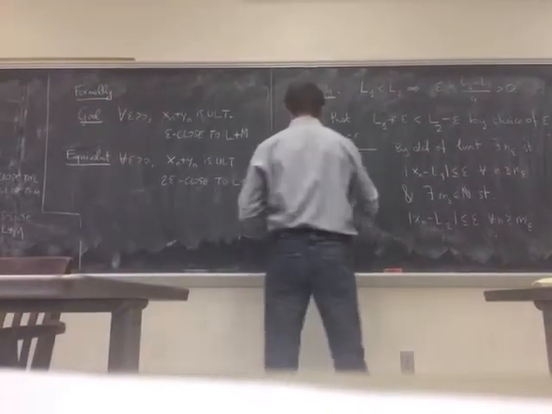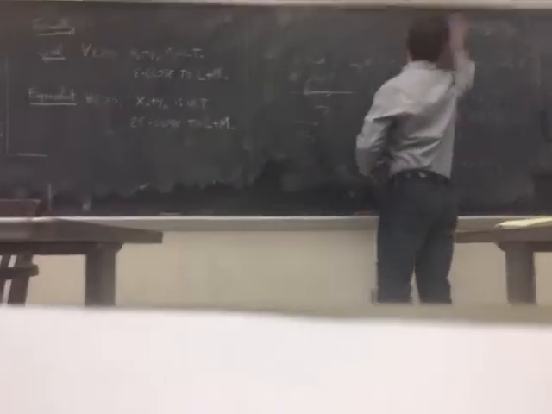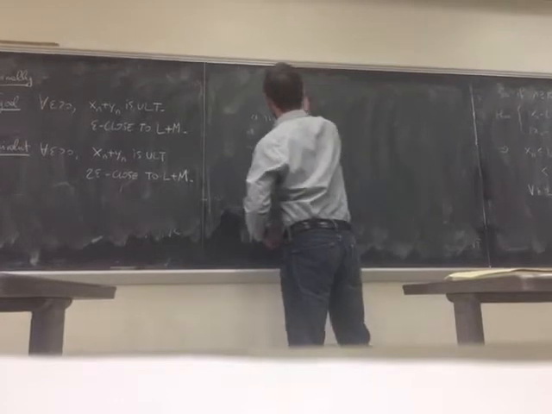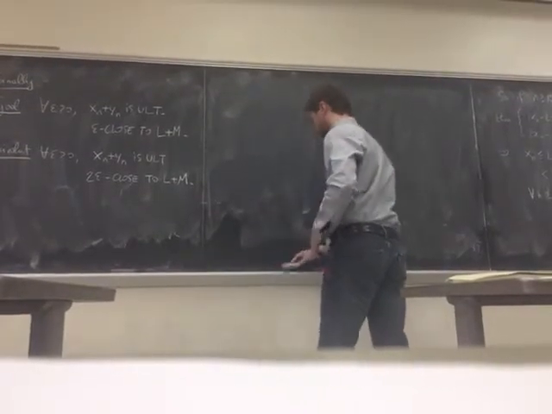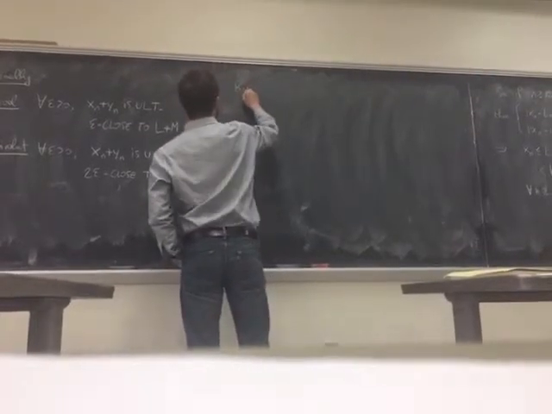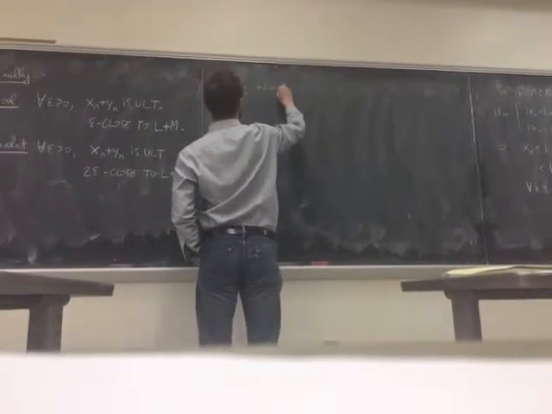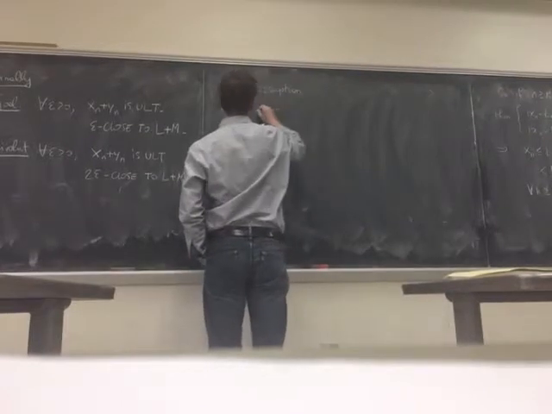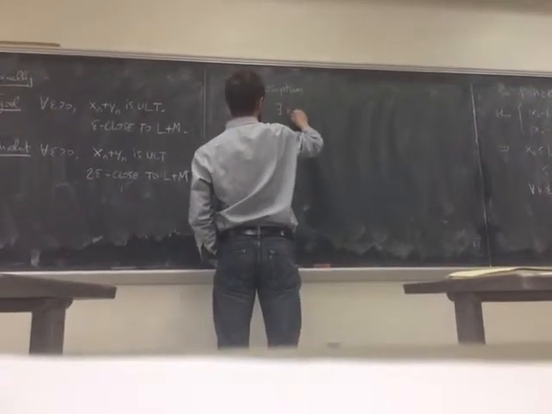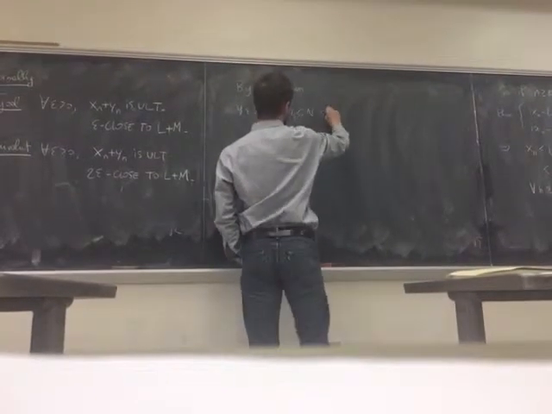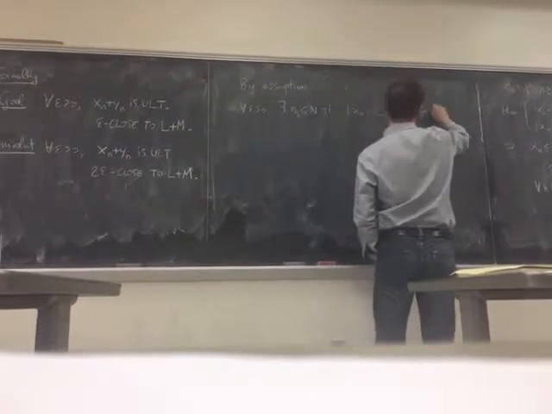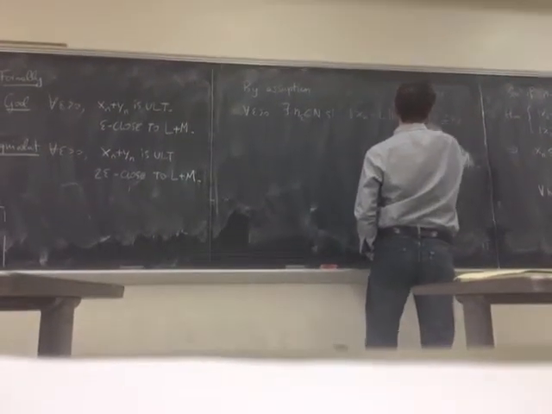Once you have that in mind, you can do this. By assumption, for every epsilon positive, there exists some threshold N of epsilon such that |xn minus L| is less than epsilon for every n greater or equal than N of epsilon.